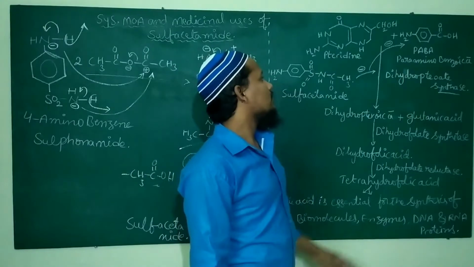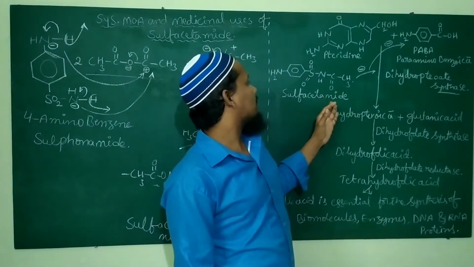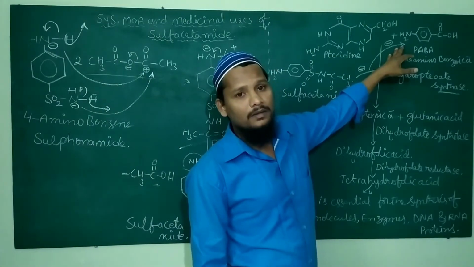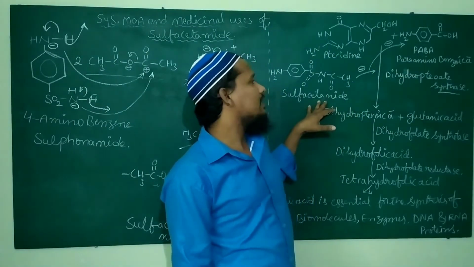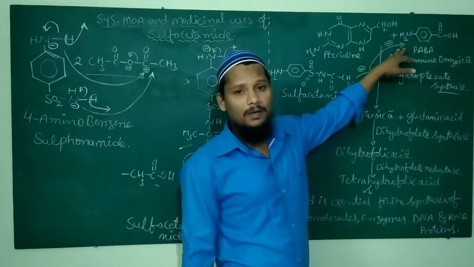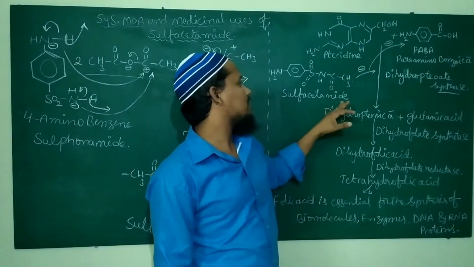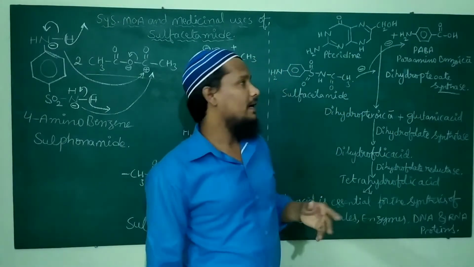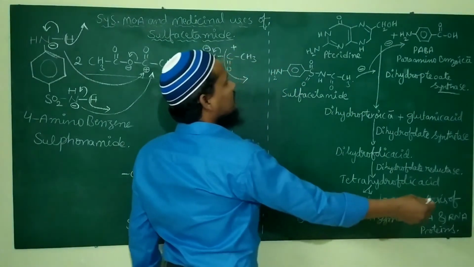So why? Because sulfacetamide is structurally similar to PABA and its affinity is higher than PABA. So that's why sulfacetamide competitively inhibits PABA from being incorporated into the bacterial cell. How is it structurally similar?